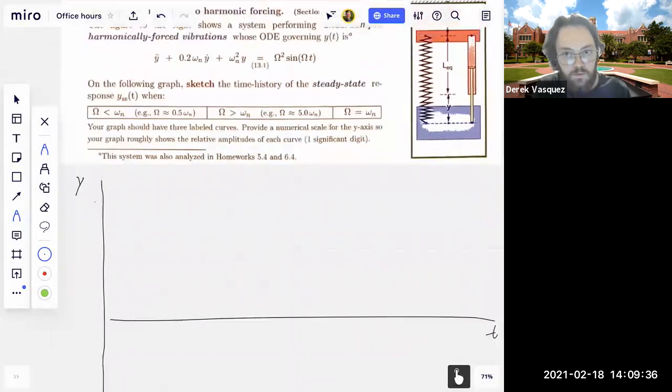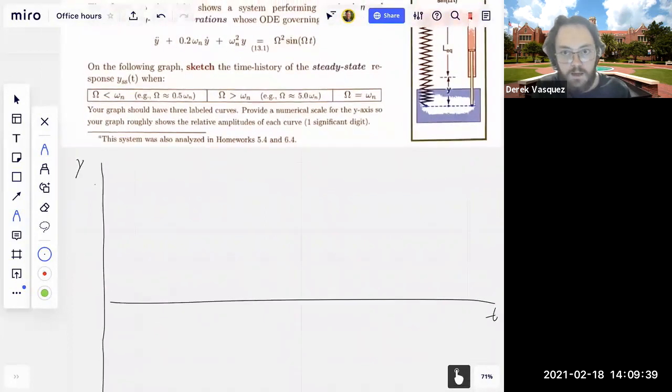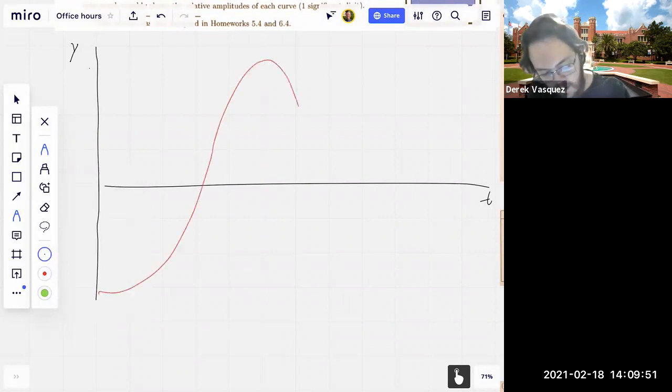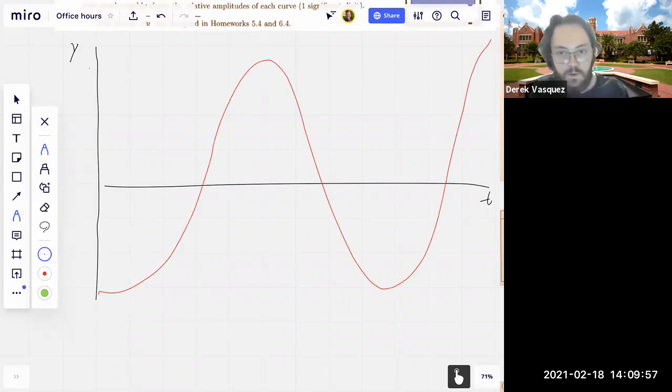But when omega equals omega n, I'll draw that in red here, it's going to be a very high amplitude sine wave at a frequency of omega n, because you're getting resonance. The question doesn't ask for the input plot to be drawn, but it would be something like this.